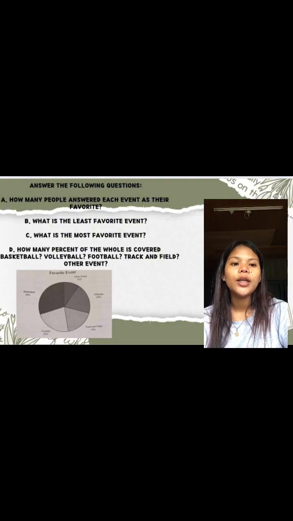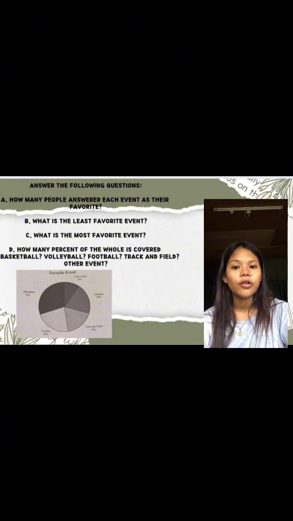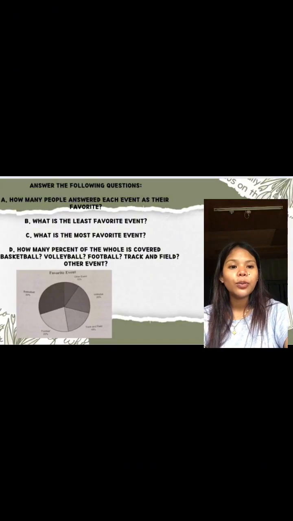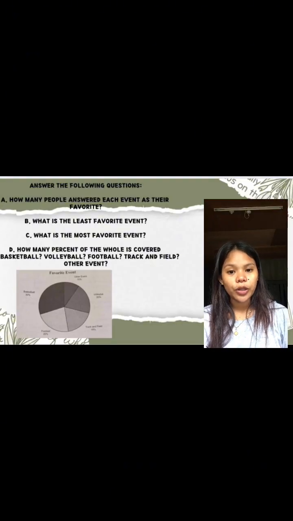So ang football is naay 55 people. Please excuse the background kay naay gibuhat gud diri. So sa football is 55 people, i-divide nato sa 250, of course, and then i-times nato siya sa 100, so naay 22%.